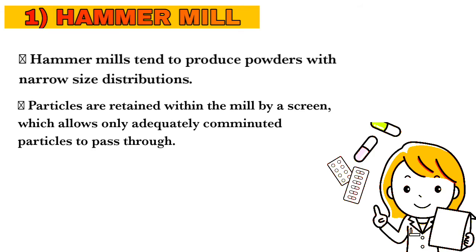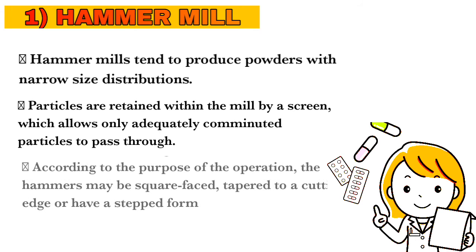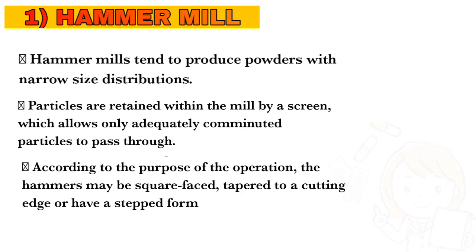At the bottom of the casing there is a screen with openings, which allows only particles that are properly reduced or comminuted. To carry out such operation, hammers that are tapered, square, or with cutting edge are used as shown in the given diagram.